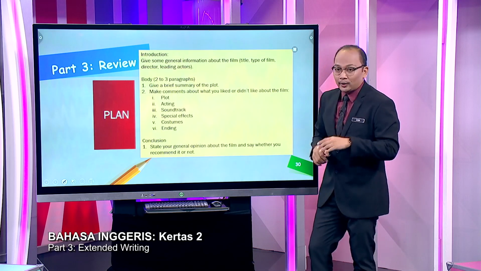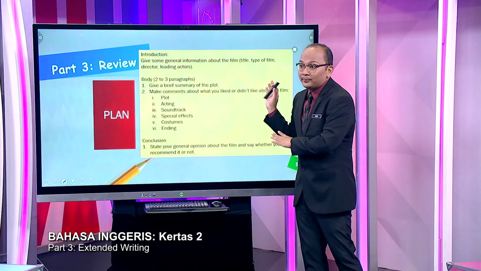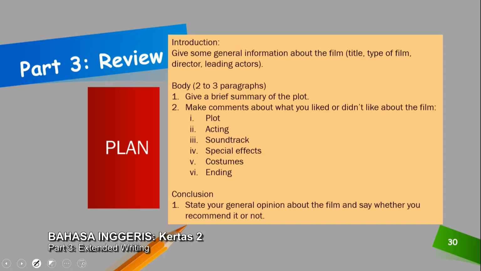Now, I'm going to show a little bit on all the writing. So for a review, for example, you must have your introduction. This one is reviewing a film. Then the body, 2 paragraphs. You give a brief summary of the plot.